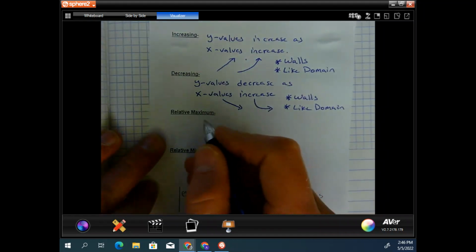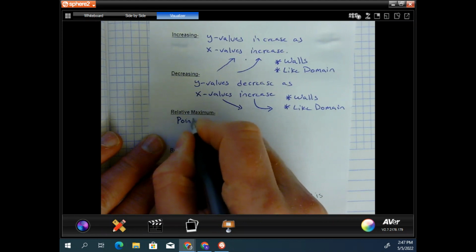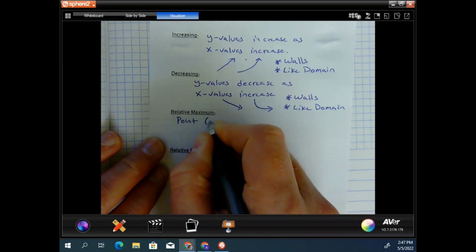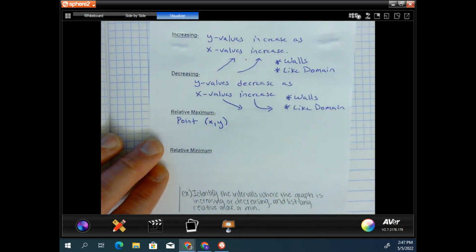The relative maximum. That's a point, and you're going to write it just like x, y, just like an ordered pair.